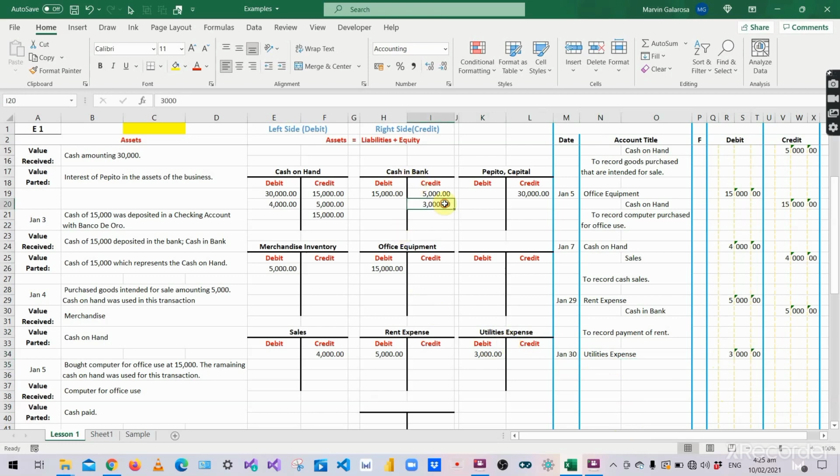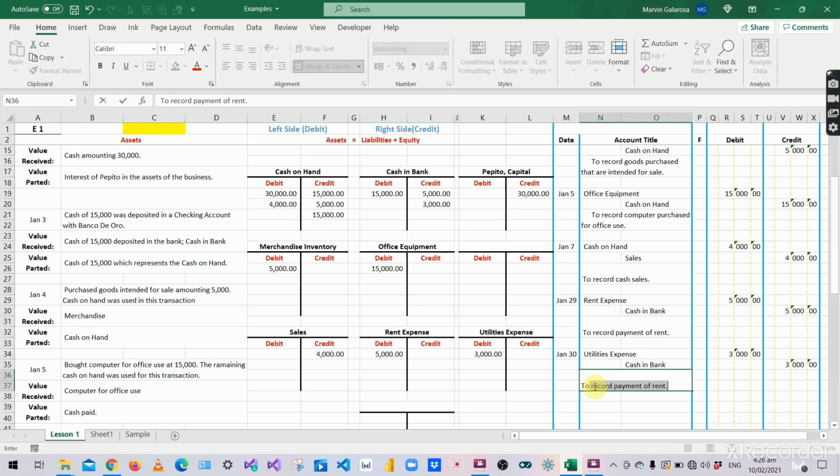And then, meron tayong credit sa cash in bank, 3,000. Lagyan natin ng description to record payment of utilities.